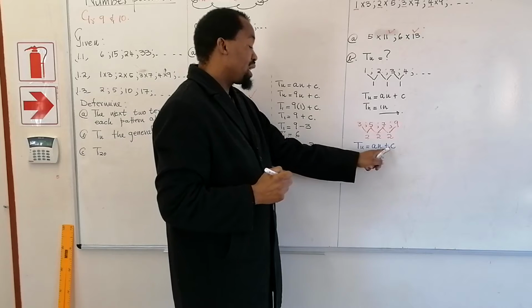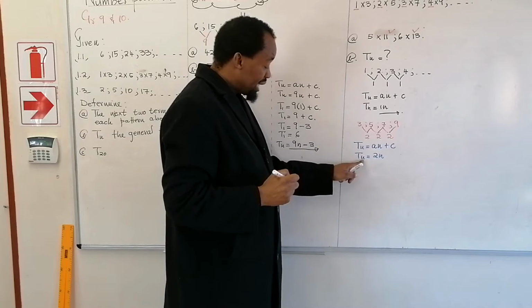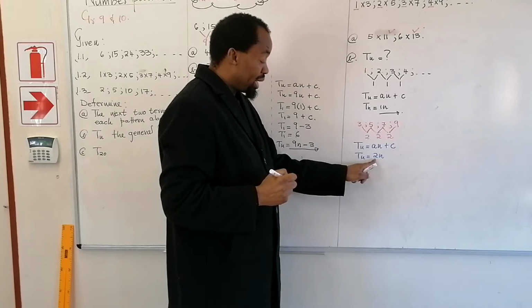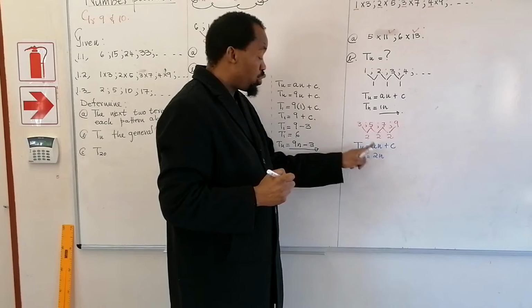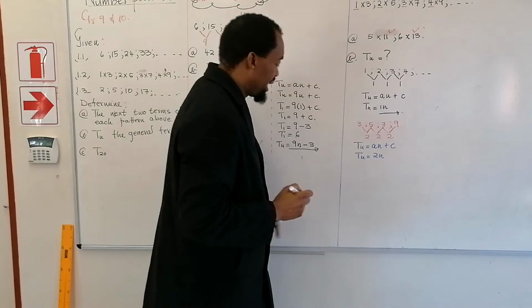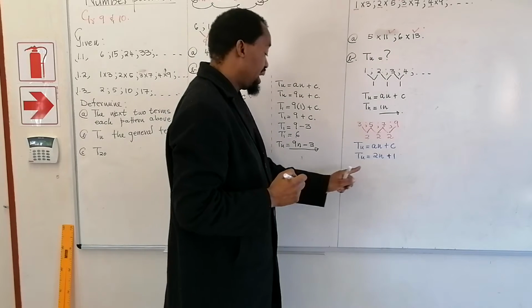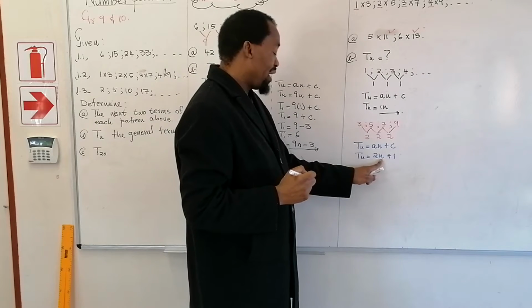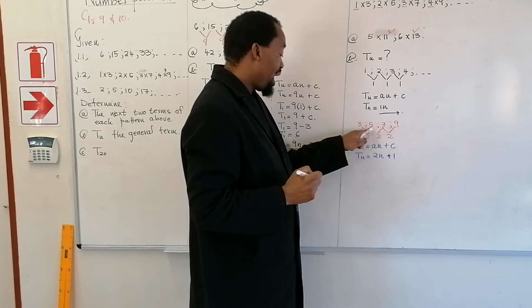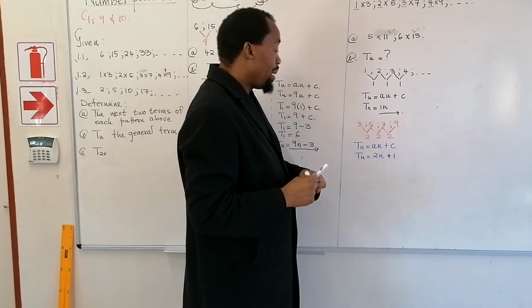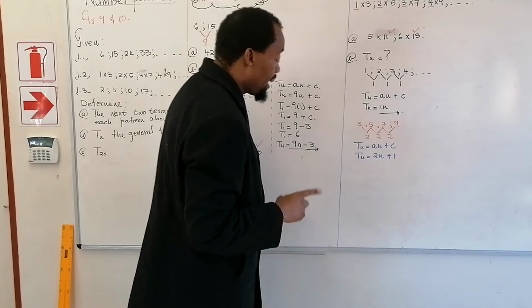Now, I want to see what c is. I substitute 1, it is 2 times 1, which is a 2, but it is 3 there. It means I must add 1 to get 3. Now, 2 times 2 is a 4, plus 1 is 5. That term number 2 is correct.